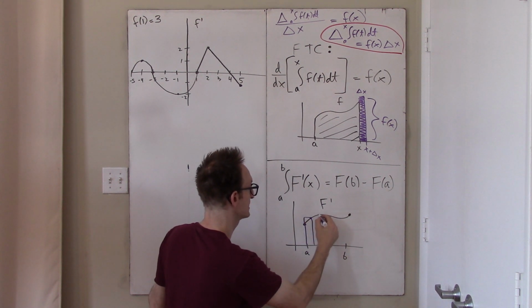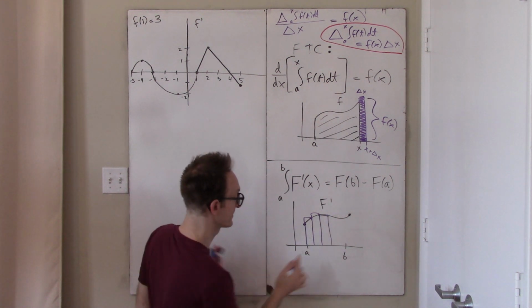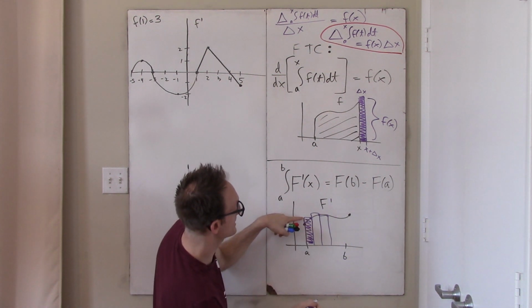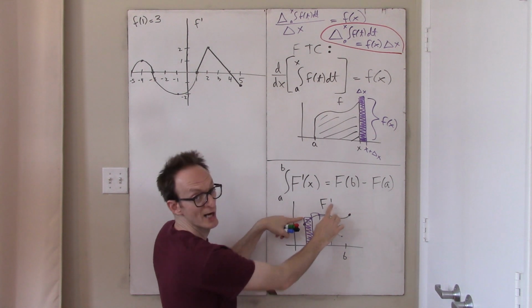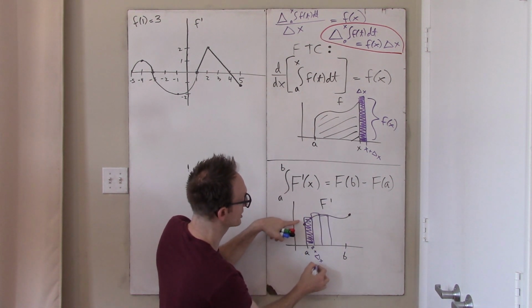And what these rectangles are all estimating is the small changes in big F. The area of this little rectangle is the rate at which f is changing, that's what the derivative is, times a small change in x.